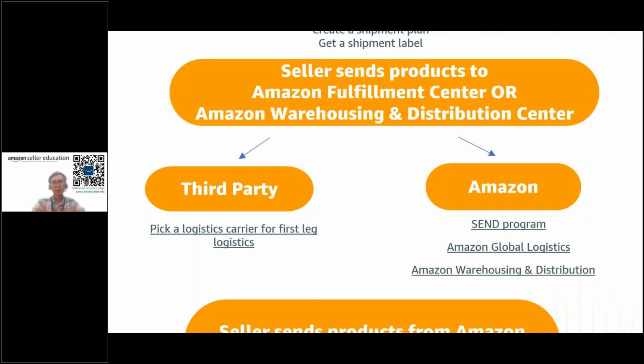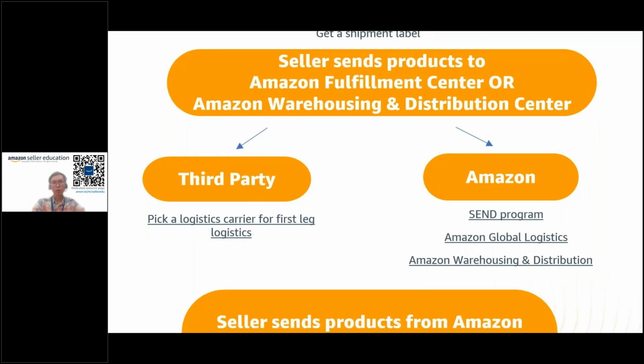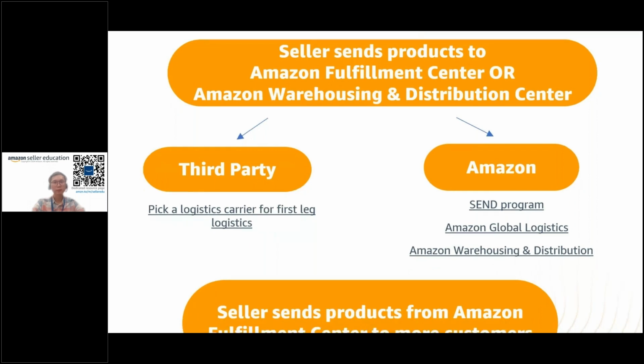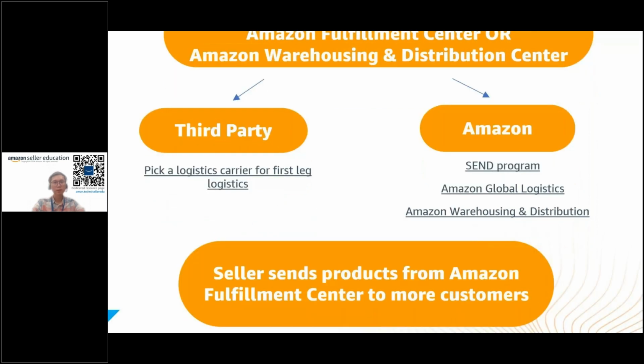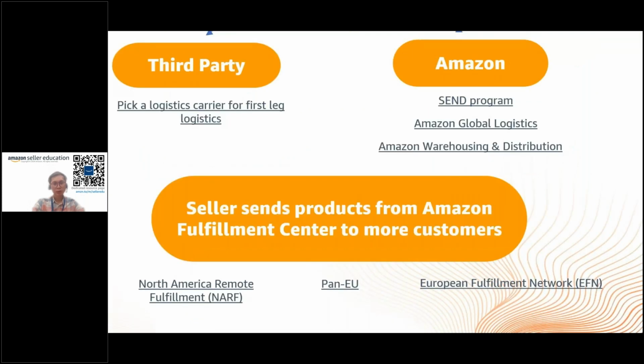You can use either the Amazon Global Logistics SEND program, or the AWD as well. Also, I will show you some other options that you can use to fulfill to more customers across the globe.